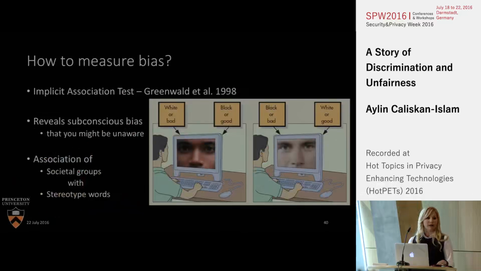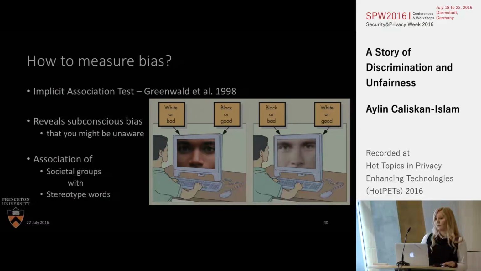How do we measure bias? In psychology, there has been this groundbreaking, very important method introduced in 1998. It's called the Implicit Association Test by Greenwald. Once you take this simple computer task, you are able to see your implicit biases, which are subconscious biases that you might not be aware of or that you're not even able to confess to yourself.